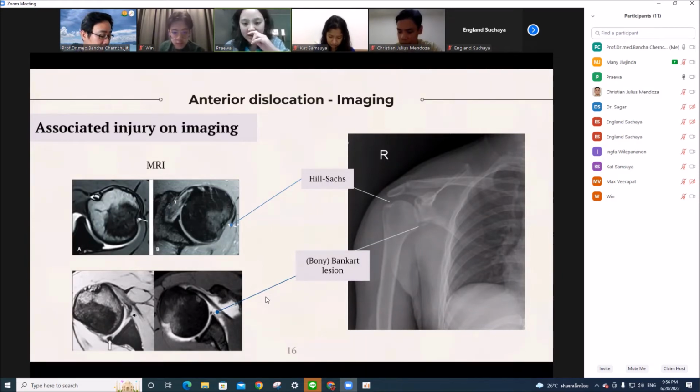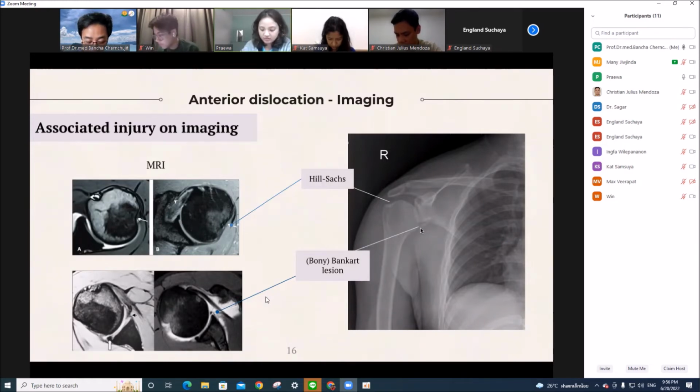So first, the Hill-Sachs lesion is the depression in the humeral head over there. Maybe can you point it out? Yeah, over there, the Hill-Sachs. And the Bankart lesion is the reduction of the glenohumeral labrum, so it will be like a bony part down there.